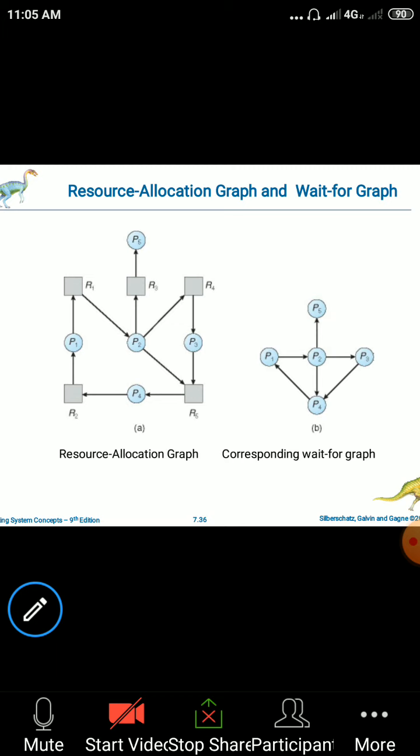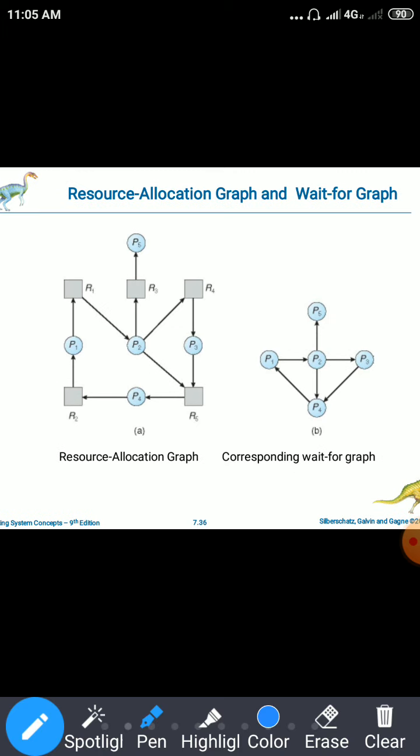If we remove the resources from the resource allocation graph and collapse the appropriate edges, that leads to the wait-for graph. Understood? So if we remove the resources and the corresponding edges in the resource allocation graph, it results in a wait-for graph.